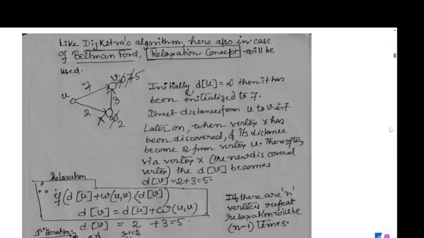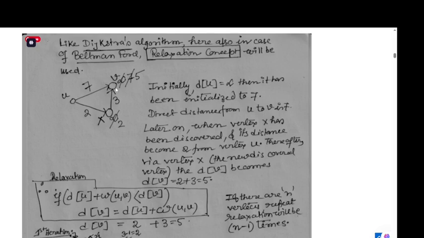Like Dijkstra's algorithm, in Bellman-Ford the relaxation concept is used. So what is relaxation? Let's say this is u, this is v, and initially vertex v is infinity, and this vertex x is also infinity. Let's say this edge weight is 7.